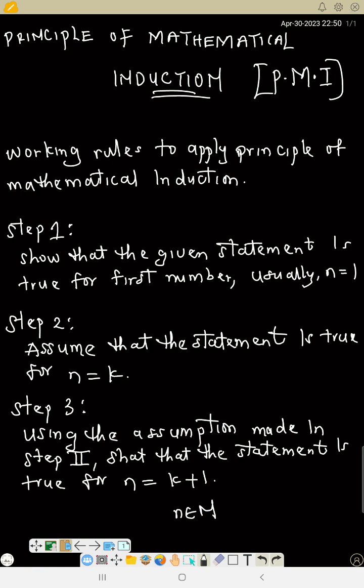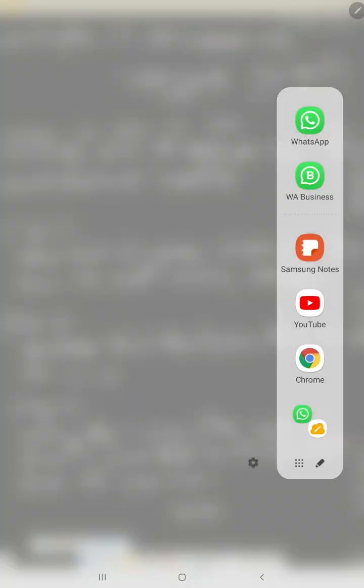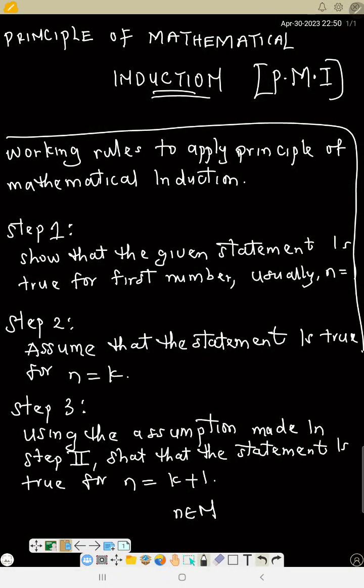So we are going to see example on how to prove using mathematical induction in the next video. So we are going to start the working rules we are going to be using in proving by mathematical induction.